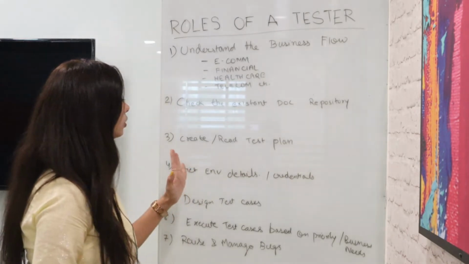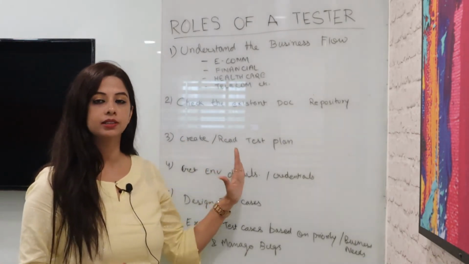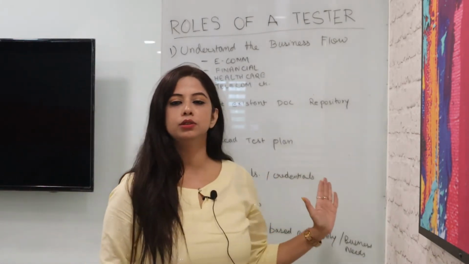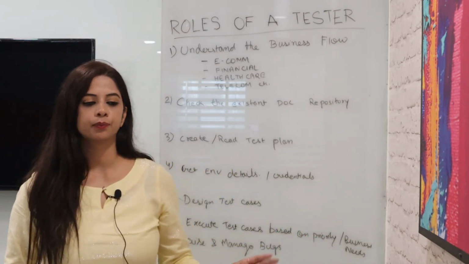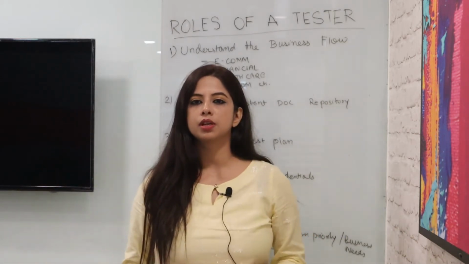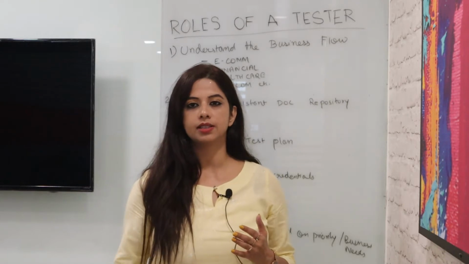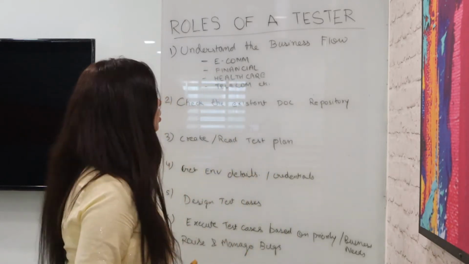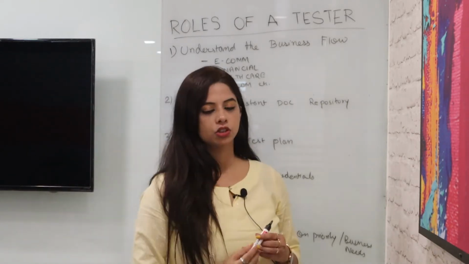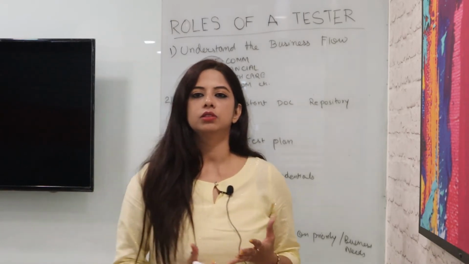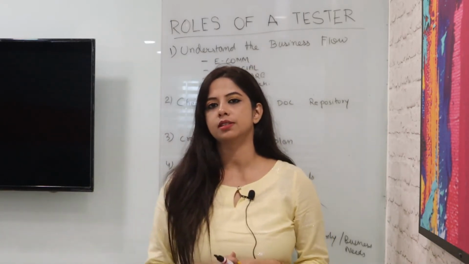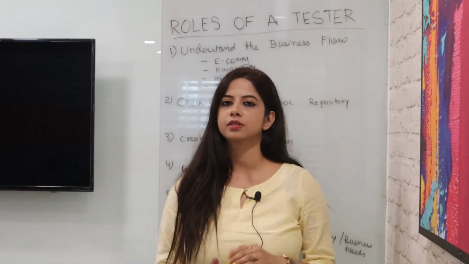The test plan contains a lot of pointers, including the scope of testing, the tools you're going to use in your entire testing process, and the people who are going to be a part of your testing journey: your manager, manual testers, automation testers, ETL testers, and performance testers.